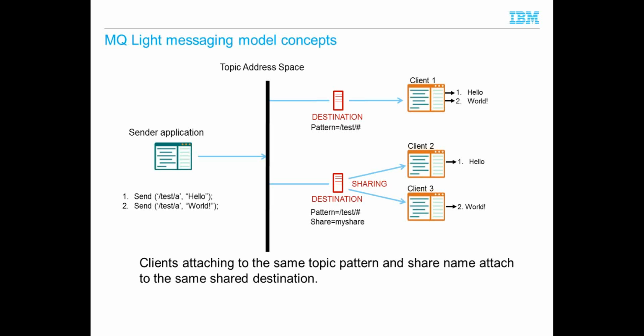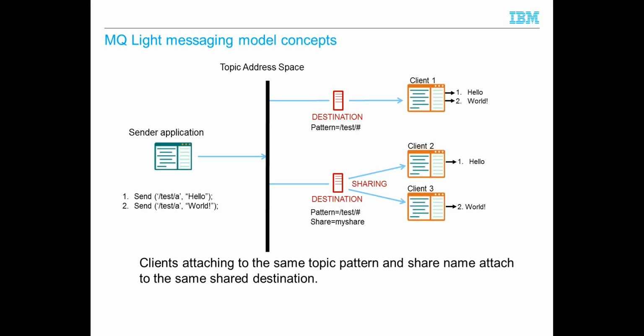I won't spend too much time on this, but it's in the spirit of simplicity and ease of getting started. We have simplified, if you like, the number of concepts that a developer would have to learn. So with MQ-Lite, you have a single topic domain where an application just sends messages into a topic address space.